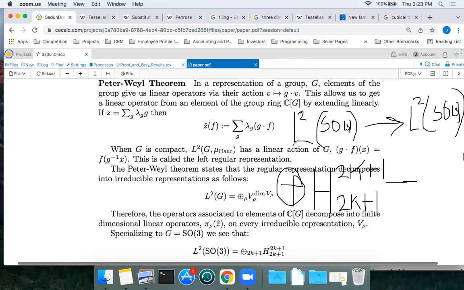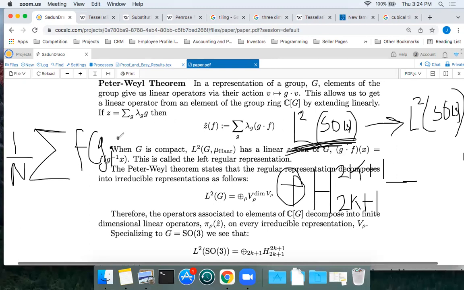So wait, let me point out what the representation on this is. So what's the intuition here? You notice I had an operator that looked like this, and an operator that looked like this. So g_i is in some generating set. This is actually a representation, so the g_i are acting on some function f.